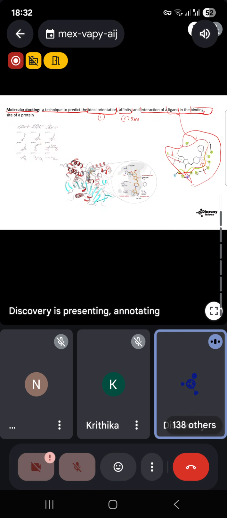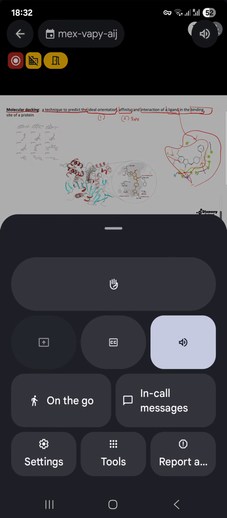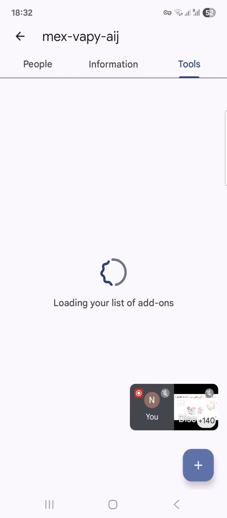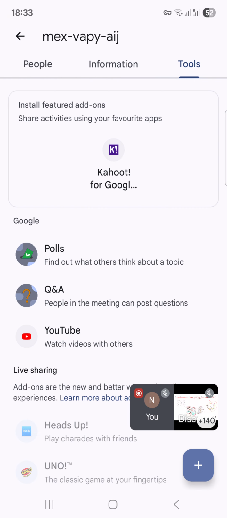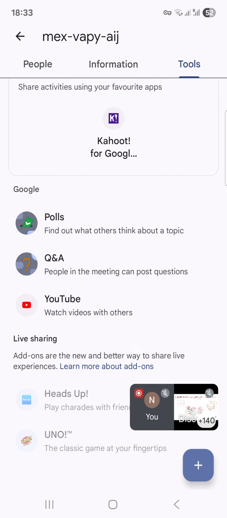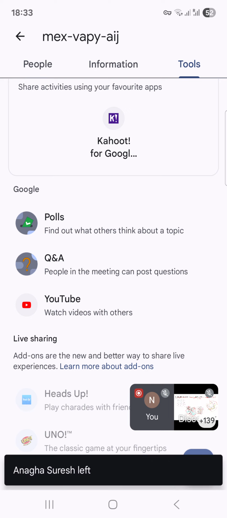Let's see. So we have the same drug target here, the zoomed-in version, and this is the pocket as we mentioned before, and this is the drug molecule. Just to understand what docking is, let's assume one thing.